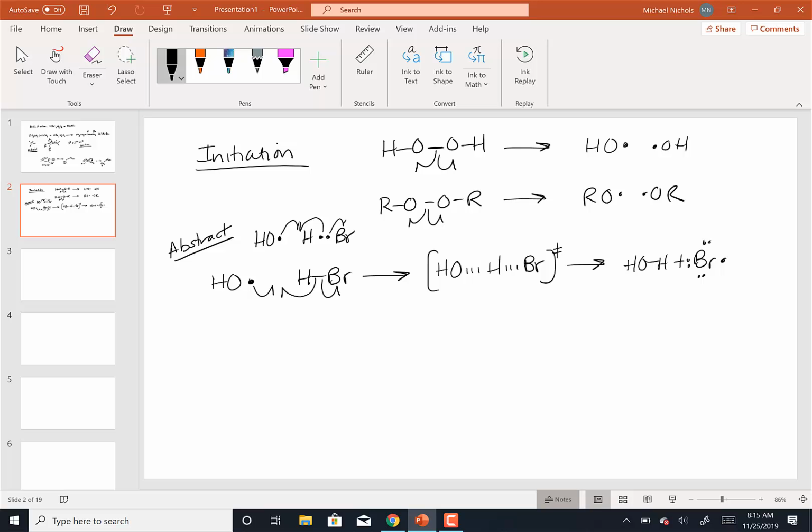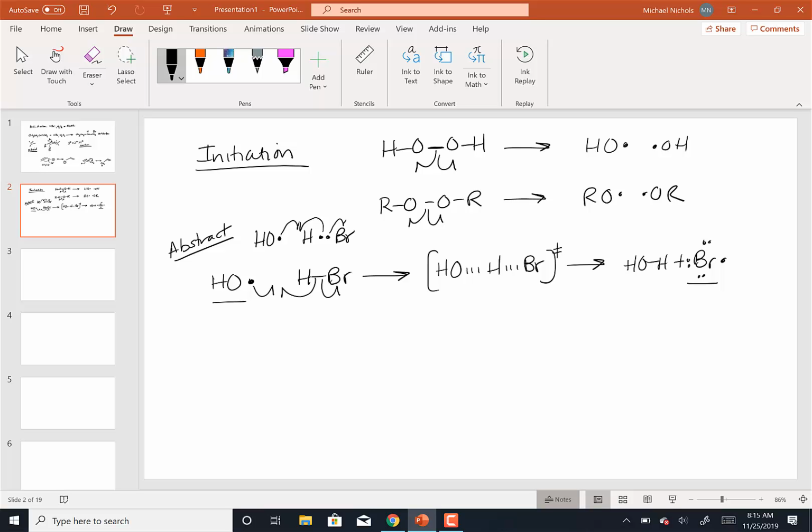And notice, because species with an unpaired electron have an odd number of electrons, on the left-hand side you're going to have an odd number of electrons, and on the right-hand side you're going to have an odd number of electrons. So one of the insidious things about radicals is when they react, they always generate another one. So they continue along.